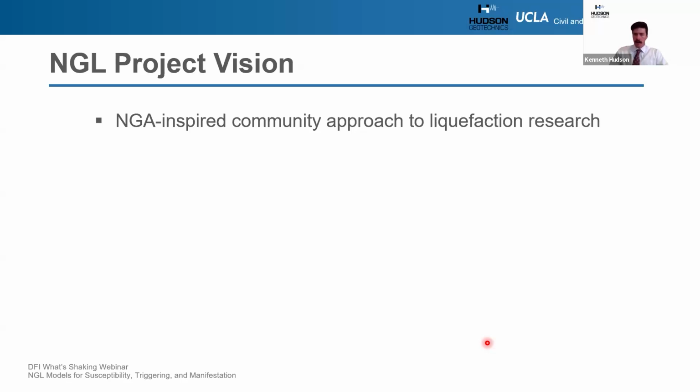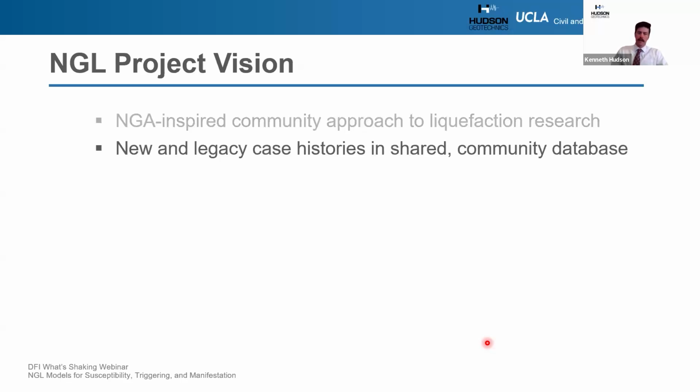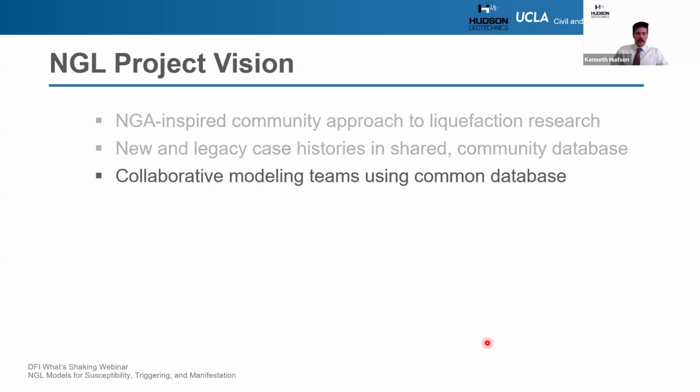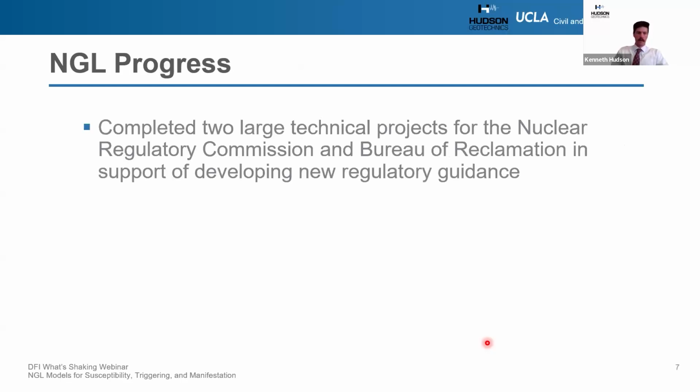If we shared that common database, it would overcome some of the difficulties and large disagreements that have been occurring in liquefaction research in the past. So we wanted to share all of those and create this collaborative space where multiple different modeling teams can work out of a common database.